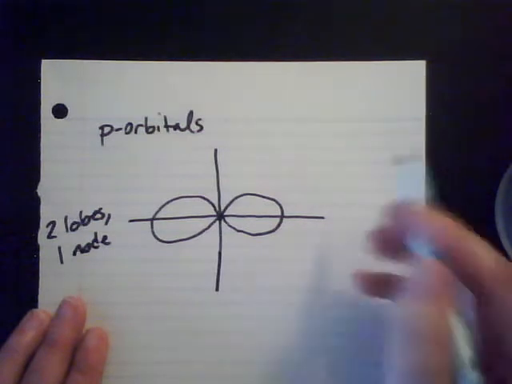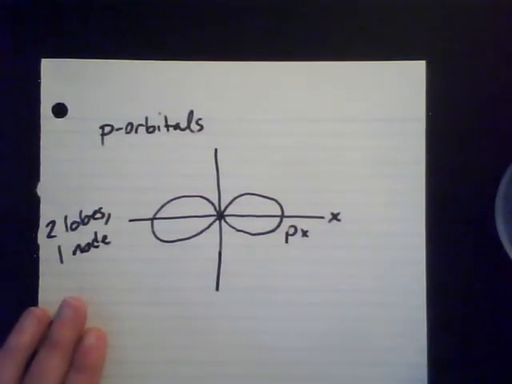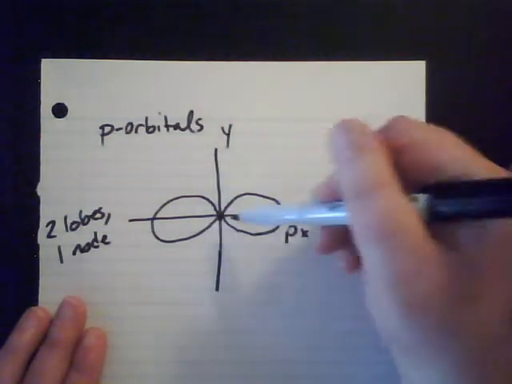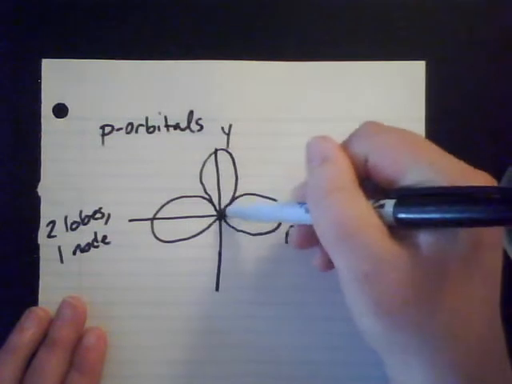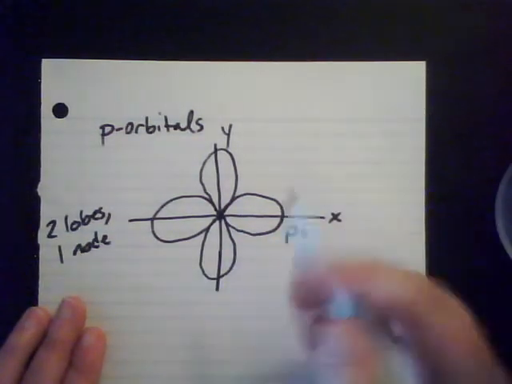And so this one along the x-axis here could be our px. And again, we live in 3 dimensions, so if this is our y-axis, then we have 2 lobes and a node. There's our py.